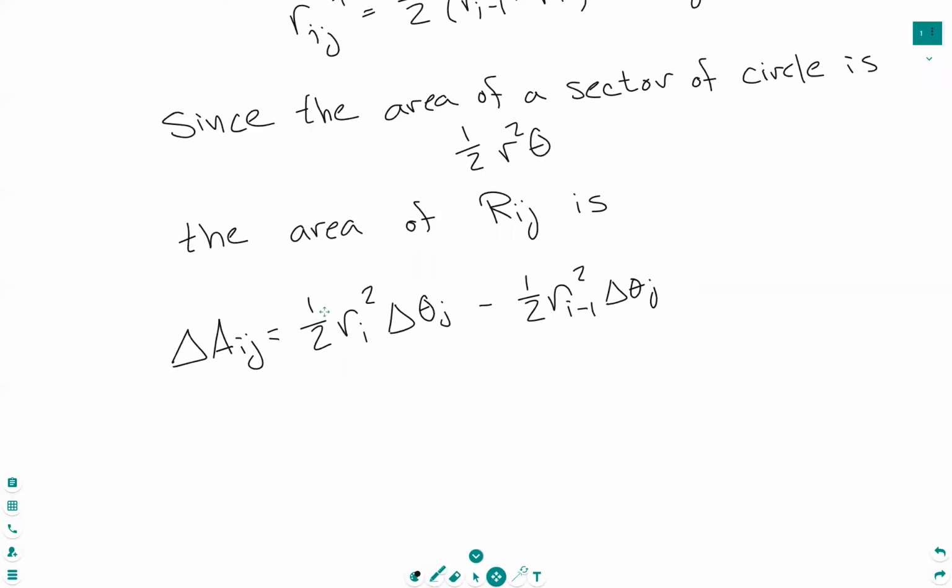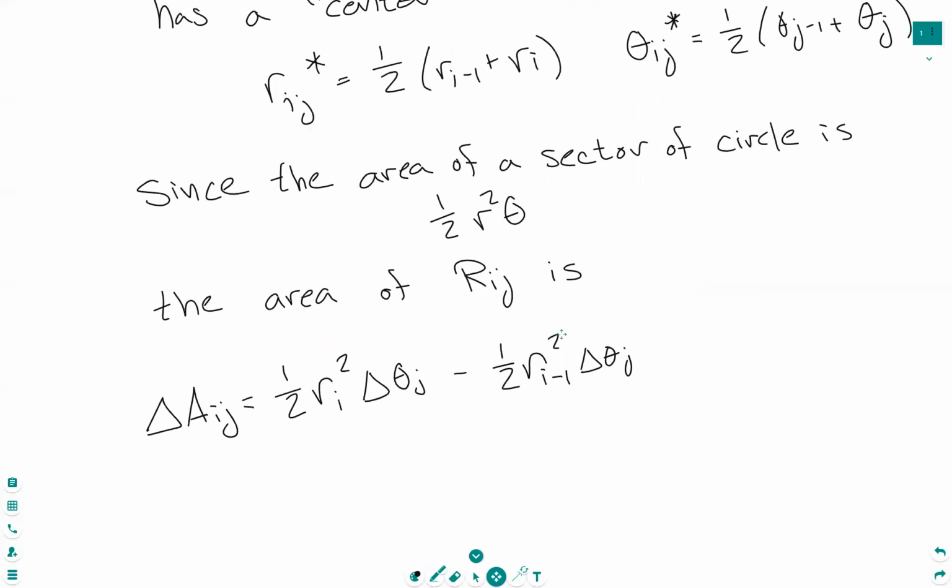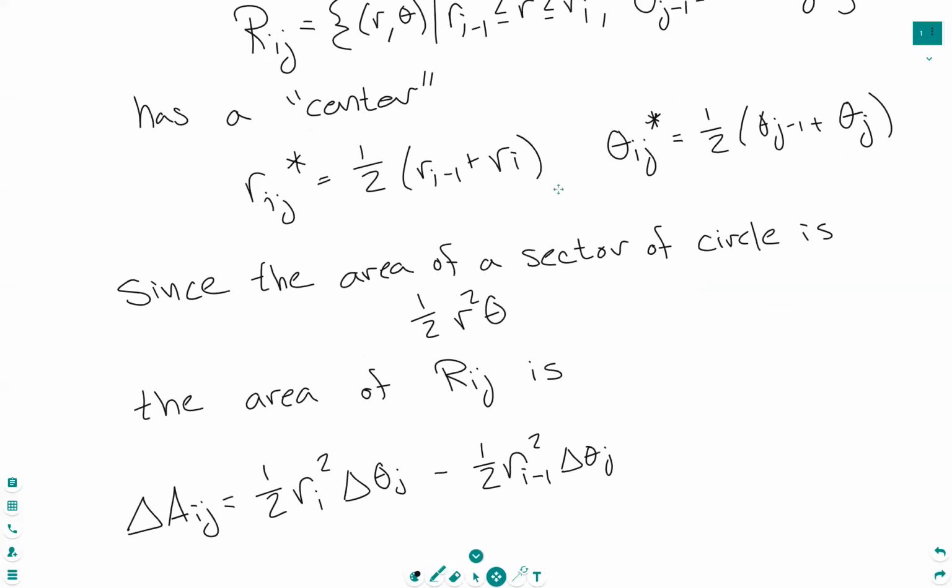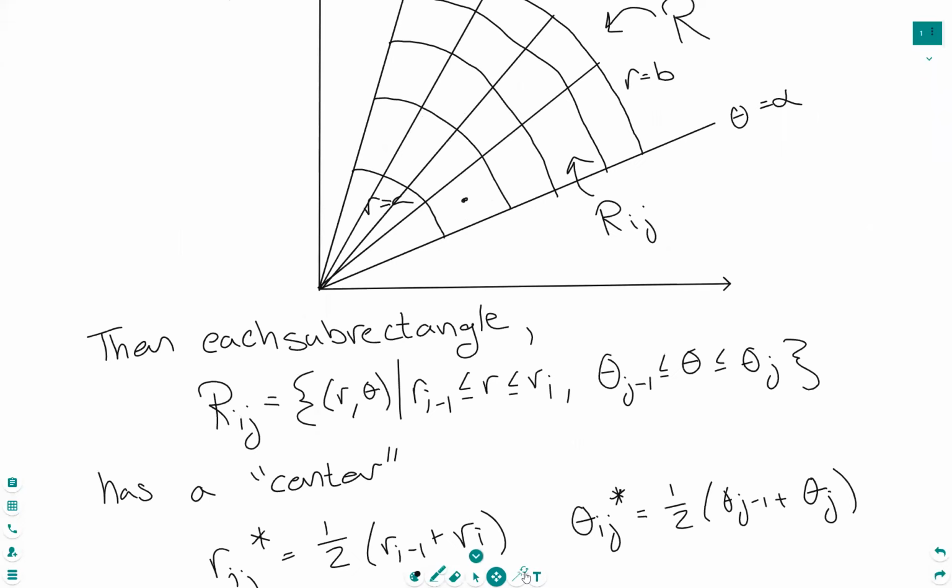Right, because this is adding up the area of the sector of the circle that starts at the origin. So maybe on this particular one, we get this area here, but then we want to subtract the area from here. That way we generate only the area in this little subrectangle.